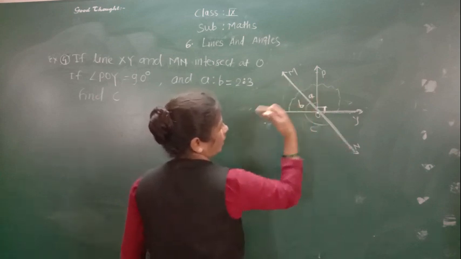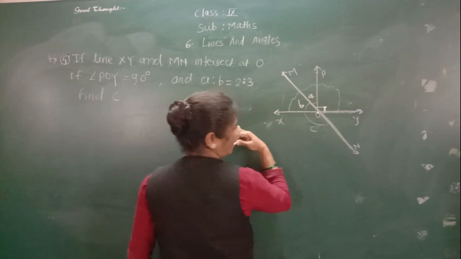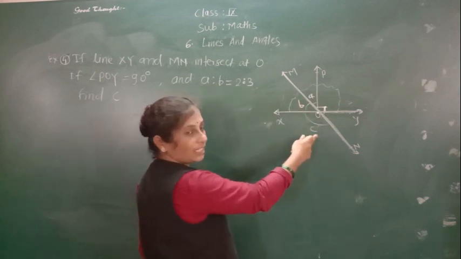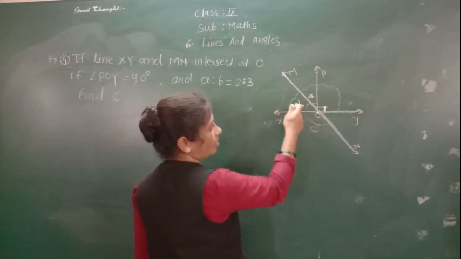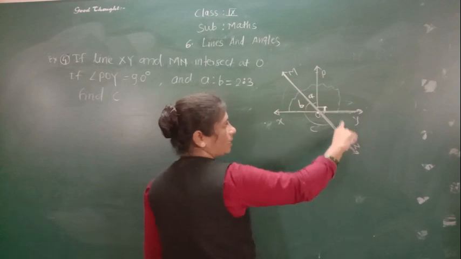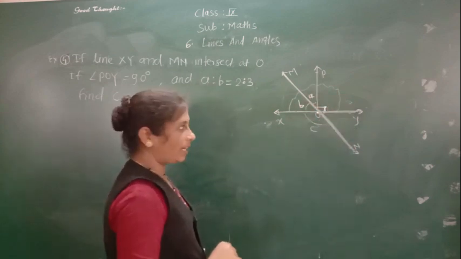Which angles? Angle B and angle C. These two angles are a linear pair, meaning the sum of these two angles is also 180 degrees.